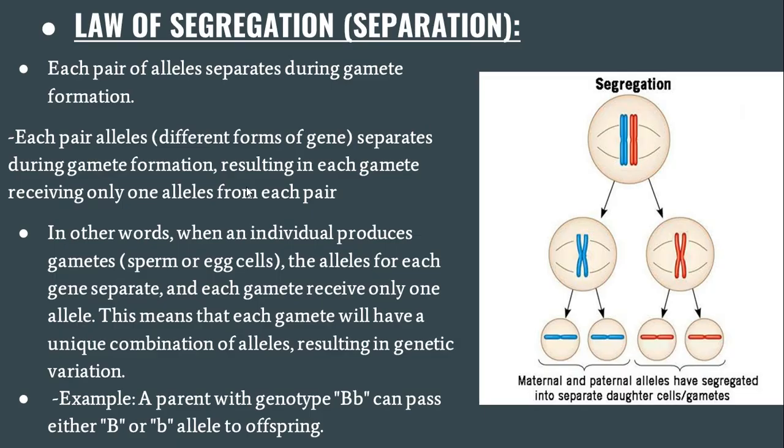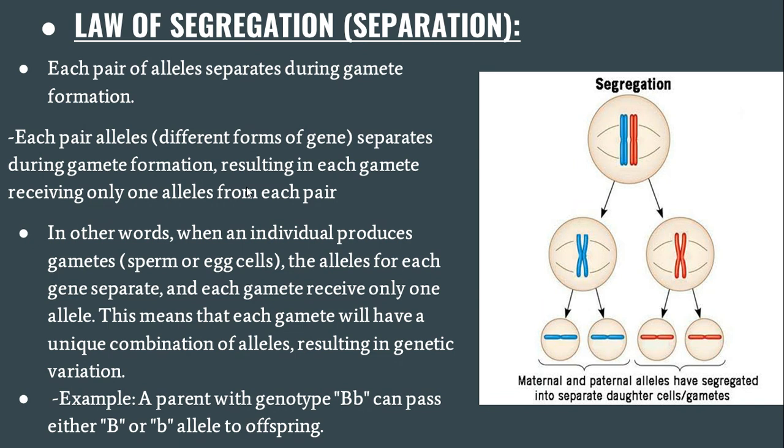Law of segregation. The word segregation also means separation. So wherever you see segregation, it also means separation. So the law of separation: each pair of alleles separates during gamete formation. Each pair's alleles, that is different forms of a gene, separate during gamete formation, resulting in each gamete receiving only one allele from each pair.